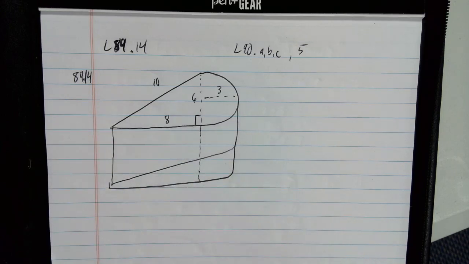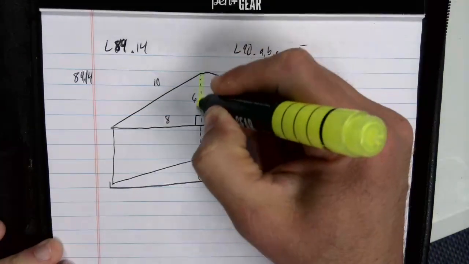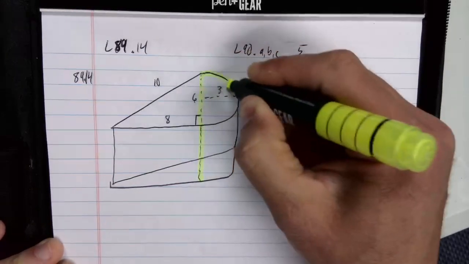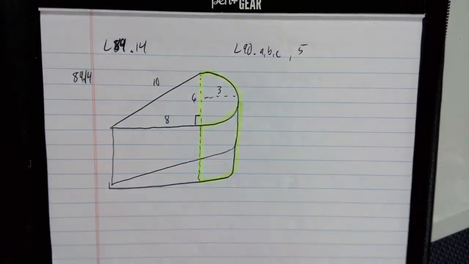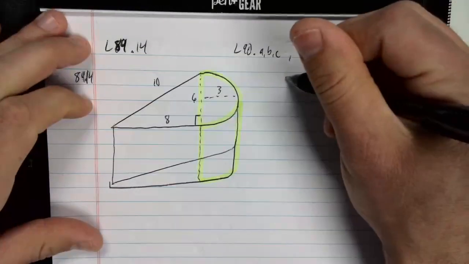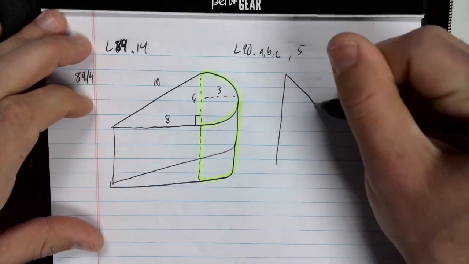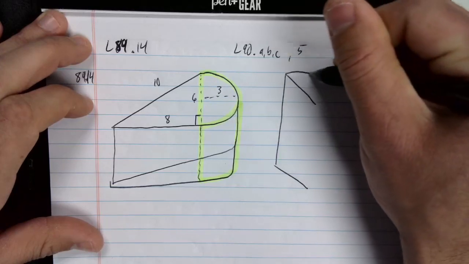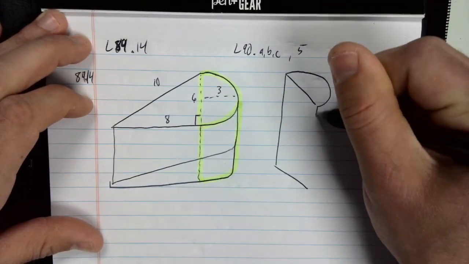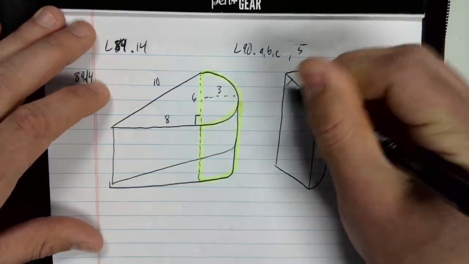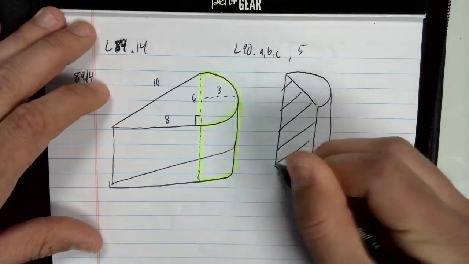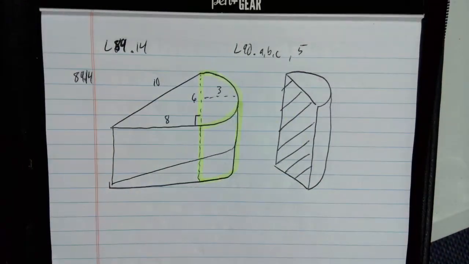So we'll cut it in half, right down the middle there. Not the middle, I'm sorry, but you get what I'm trying to say, I hope. So what we're finding the surface area of there is just half of a cylinder. We're not including that part because it would not be exposed, right?